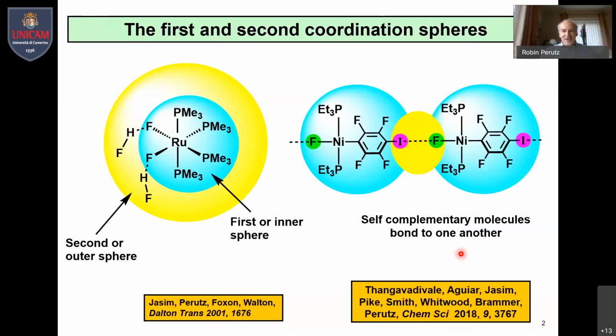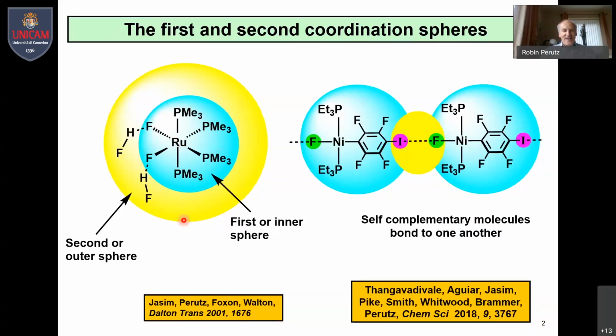So first thing is to say what I mean by the first and second coordination sphere. I've drawn here on the left a molecule of ruthenium with 4 phosphines and 2 fluoride ligands. And the blue sphere is what we call the first coordination sphere or the inner sphere.